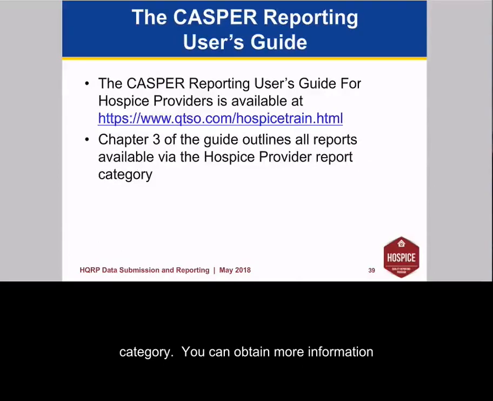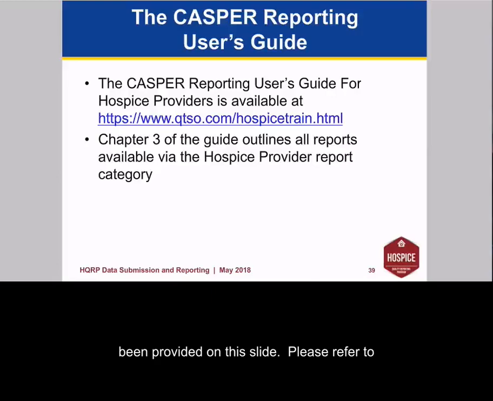You can obtain more information about the reports highlighted in this presentation in the CASPER Reporting User's Guide. This User's Guide is available on the CMS Key Systems for Providers webpage and on the Keys Technical Support Office, or CUTSO website. You'll see that a link to the User's Guide on the CUTSO website has been provided on this slide.